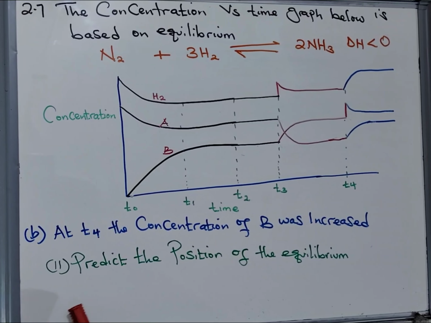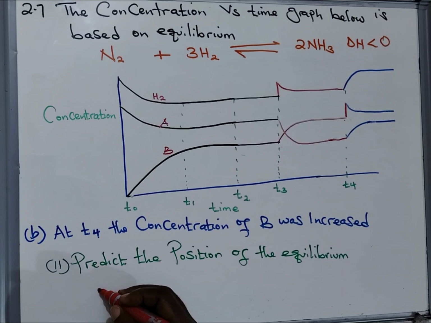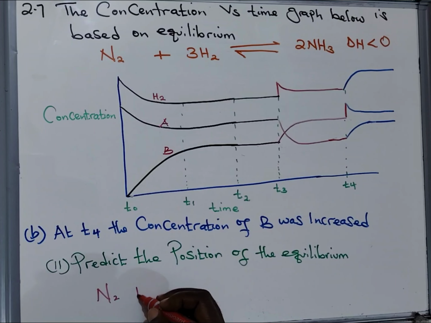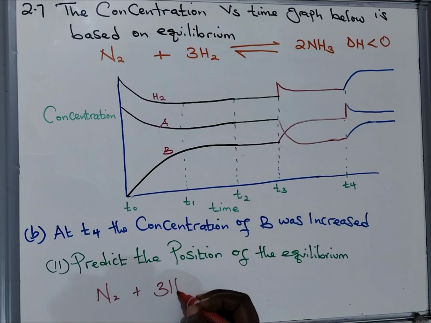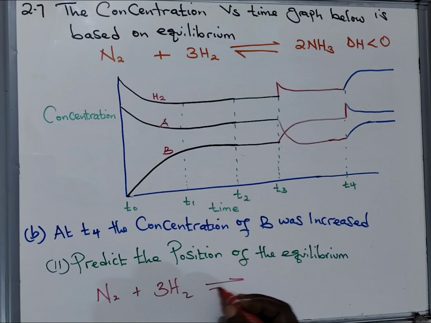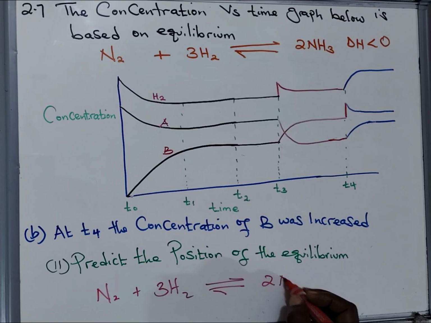Yeah, then comes this question. It says that predict the position of the equilibrium. Okay, we have the equilibrium. It is N2 plus 3H2 giving you 2 ammonia. So what are we having here? We are increasing ammonia.